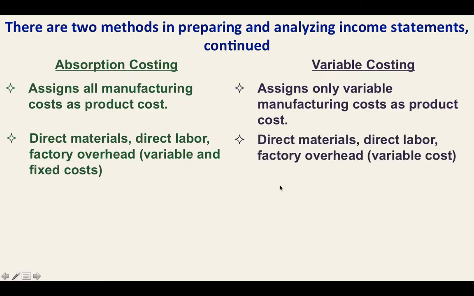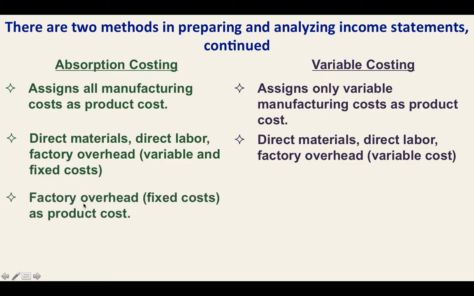Whereas in variable costing, direct materials is a variable, so it will be part of the product cost. Direct labor is a variable, and only the component of variable cost of the factory overhead. Okay? Hindi kasama ang fixed cost pagdating sa product cost under variable costing.